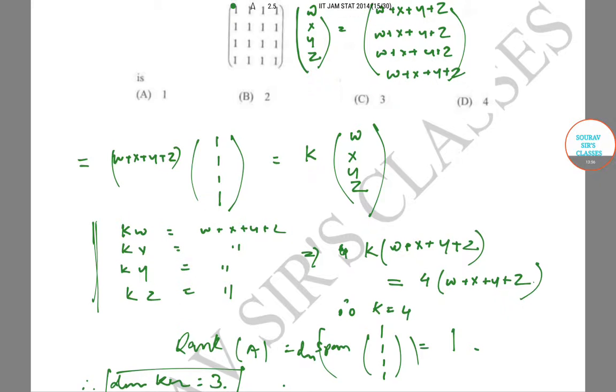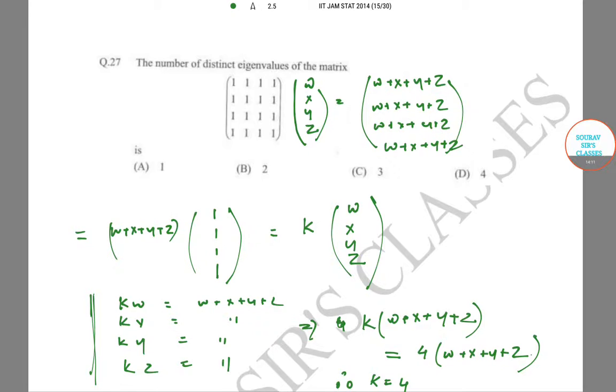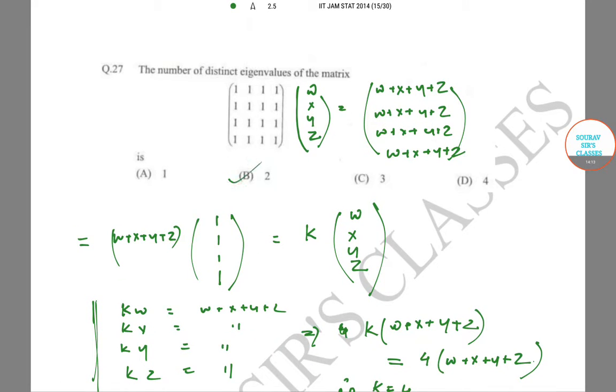Therefore 2 distinct eigenvalues, which are 0 and 4, and B is the correct answer.